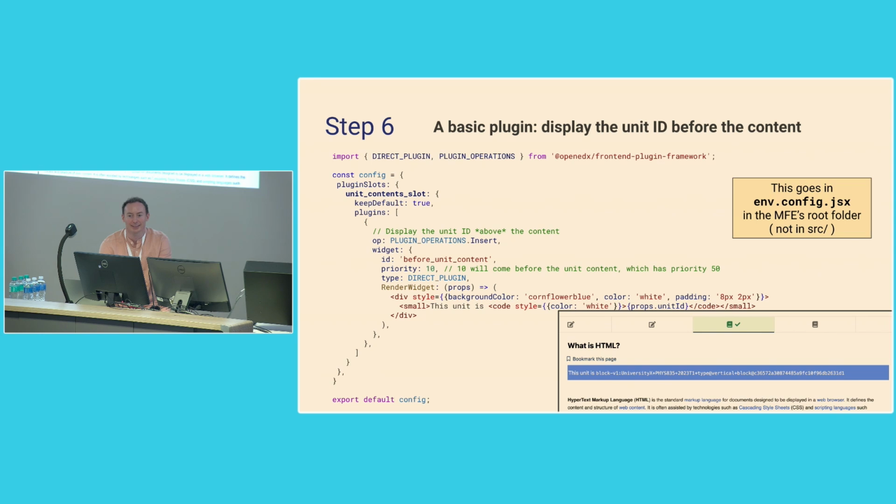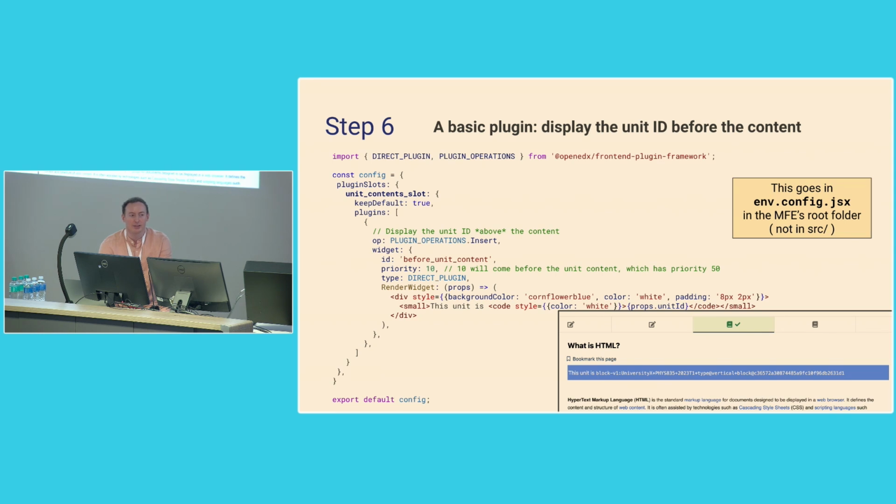Can a plugin slot appear multiple times, like be used multiple times? Great question, and the answer is yes. If you want to define this same plugin slot in multiple places, it will always have the same contents, in case that's not obvious. But yes, you can put the same plugin slot anywhere you want in the app, and the same things will appear.